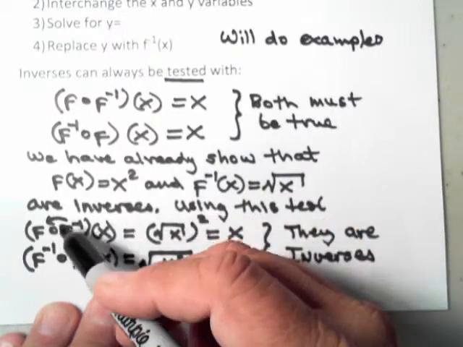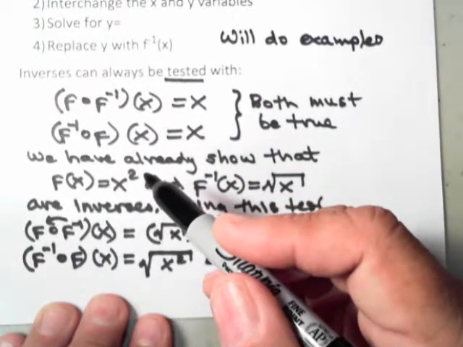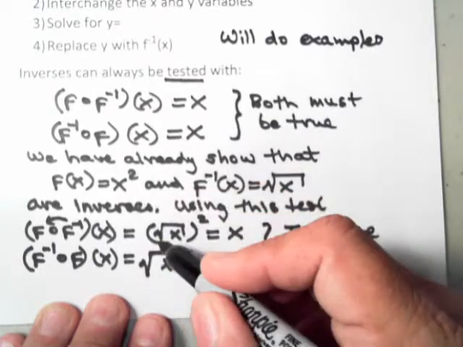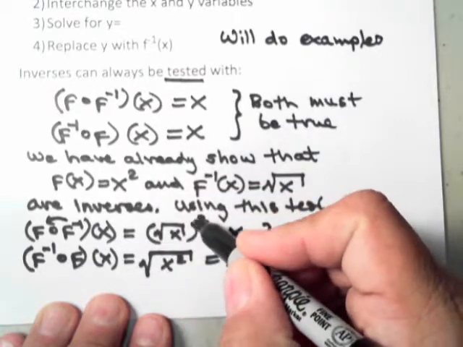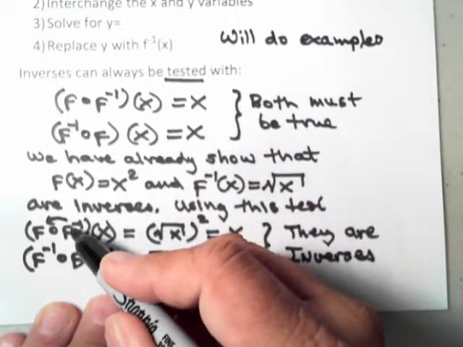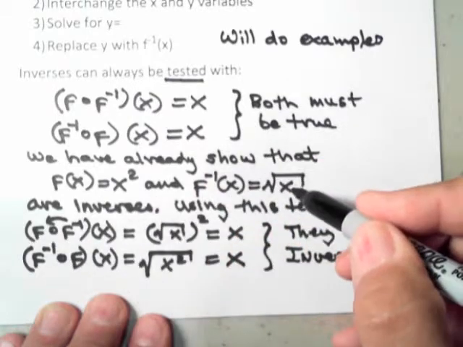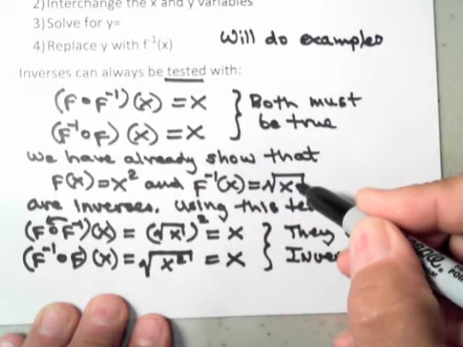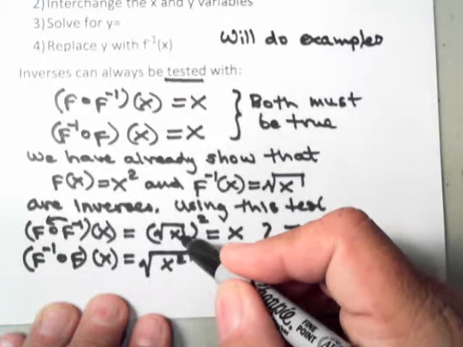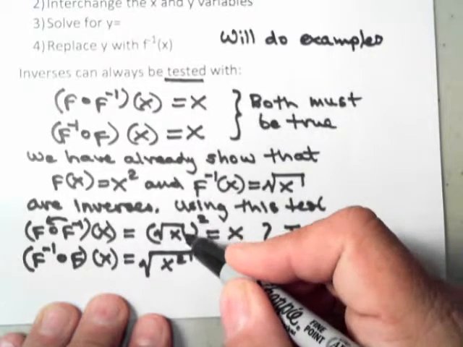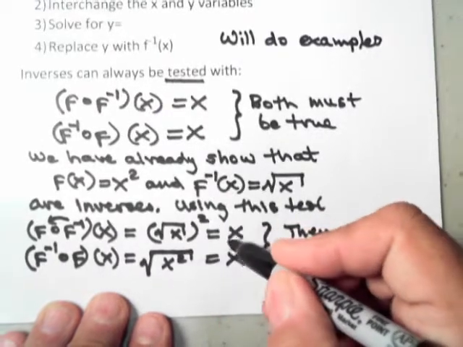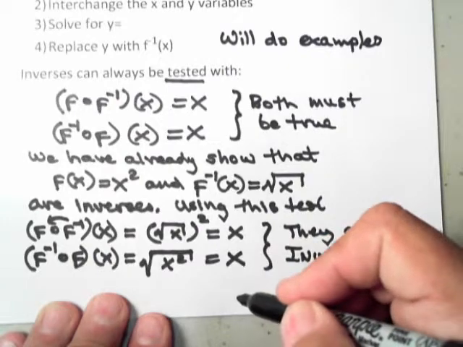Well, okay. What's the f of x? The f of x is x squared. So I make a set of parens and square it. Who am I plugging into that? What I think is the inverse. So here's the square root of x inside. Well, what happens when you square the square root of x? You get just a plain x again.